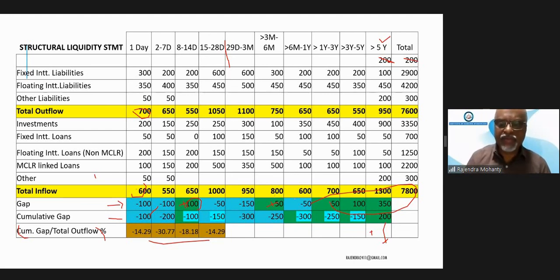Up to 1 year, there is a liquidity problem, because out of these 7 bands, we have only 2 positive. The rest are totally negative. So from this structural liquidity report, the bank can easily assess its liquidity position and make arrangements for the funding risk, to come out of the liquidity risk or funding risk.